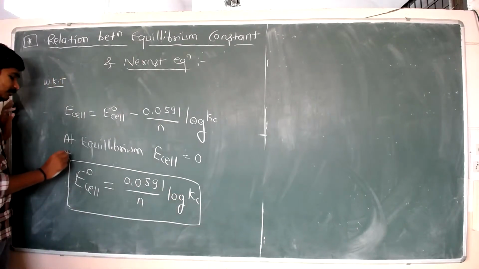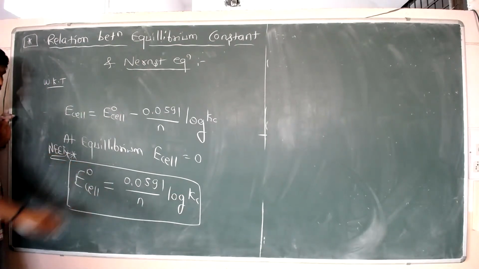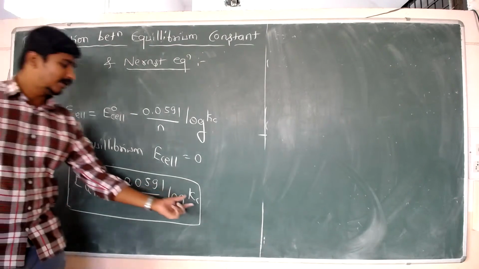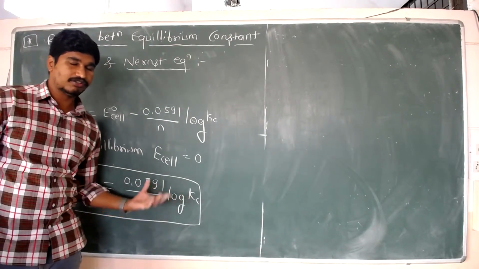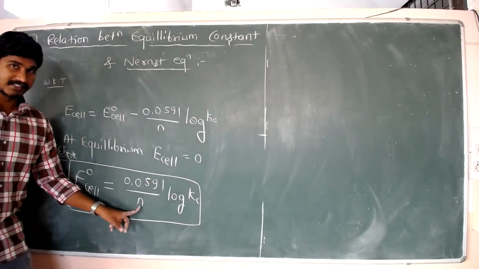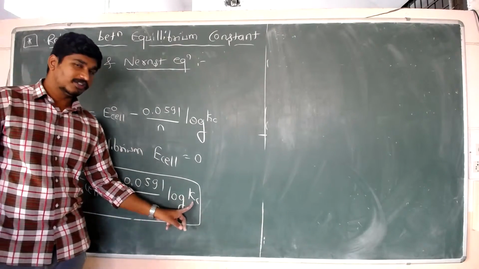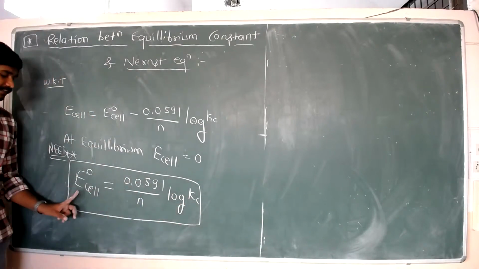This equation is very important while solving NEET or JEE questions. They will give one reaction and they will give the Kc value also. After putting n, that is the number of electrons involved in the reaction, by observing the reaction and substituting the Kc value, you can easily calculate the E naught cell value.